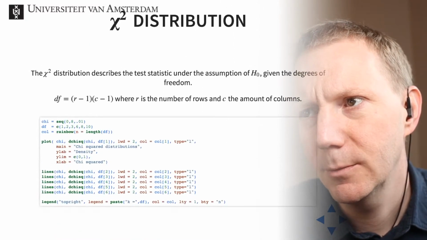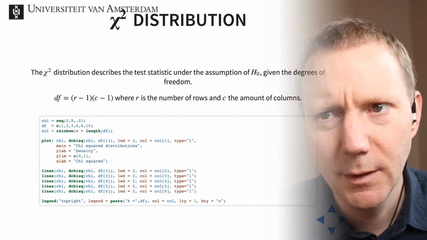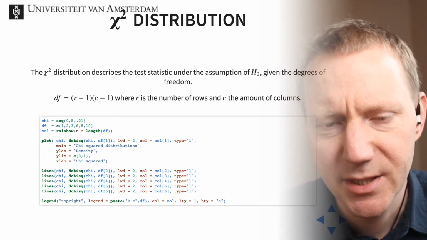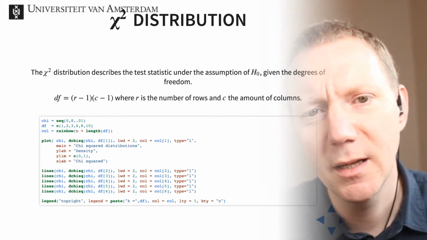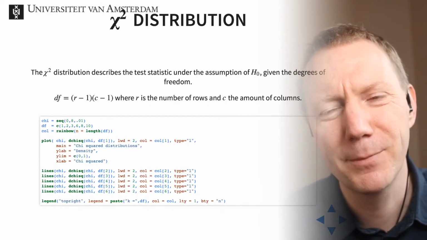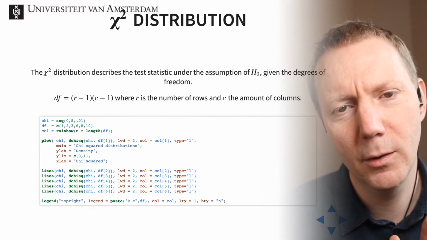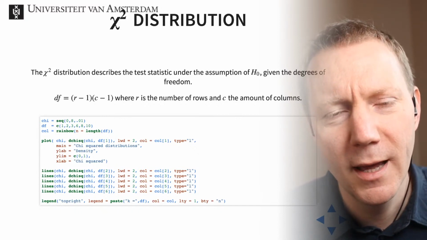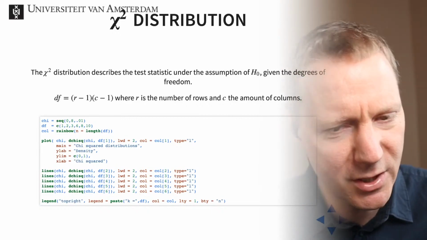Okay, so the chi-square test is essentially a bit of the same kind of test that you do with an F distribution. It starts at 0 and goes up to infinity. So the shape of the distribution looks a little bit like an F distribution.